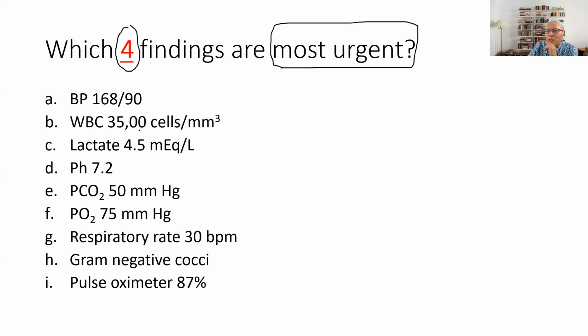Why infection? Because of this, and this. And how about respiratory failure? This, this, and of course, your pH. So right now we are looking at the problems associated with the infection or with the respirations. Which one takes priority?